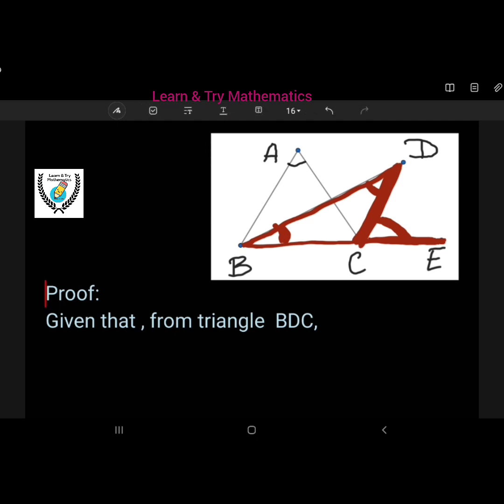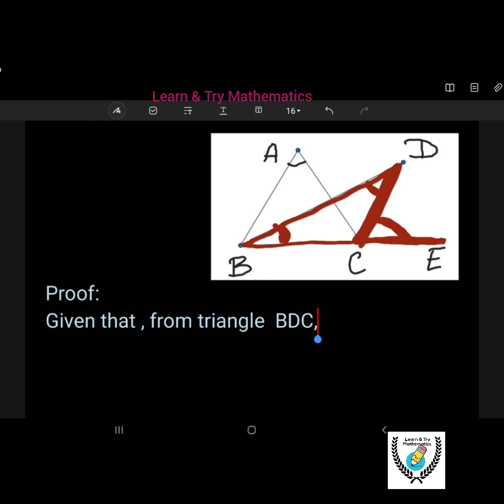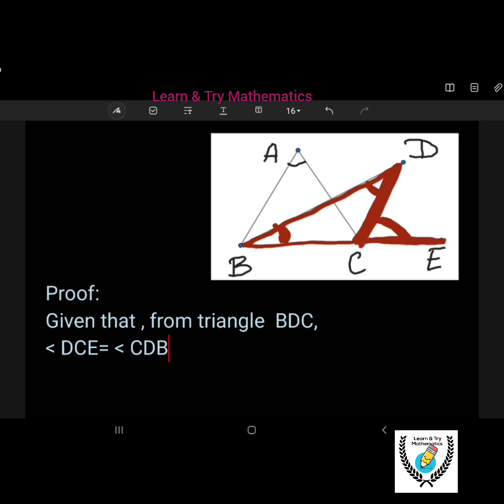Then we have angle DCE is equal to angle CDB plus angle DBC.